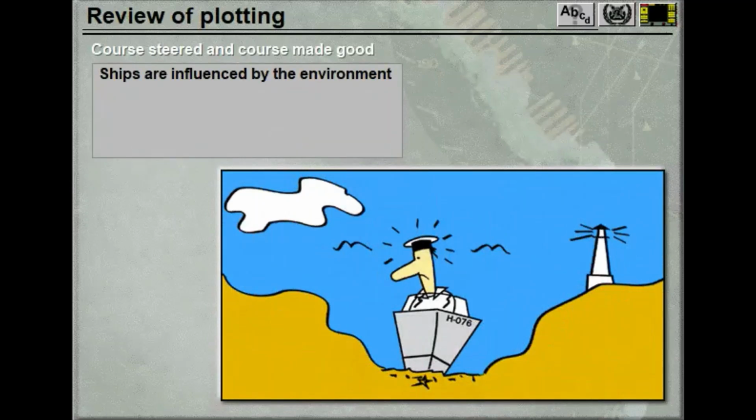A vessel, whether on the high seas or in a confined dock or harbour, is continually being influenced by her environment. These influences can be from water movements, air streams, or from pressure built up within these mediums.